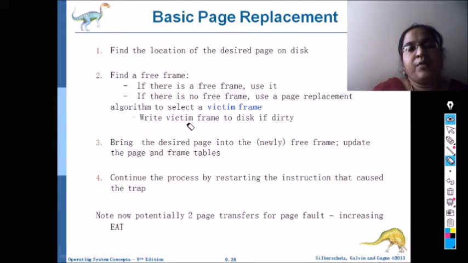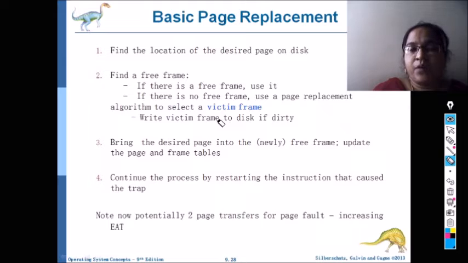Now write the victim page that you have selected back to the hard disk, only if it is dirty, that is, if it is modified. Otherwise it is not required, and you can overwrite the new page into the victim page space. That is the advantage of having the dirty bit.